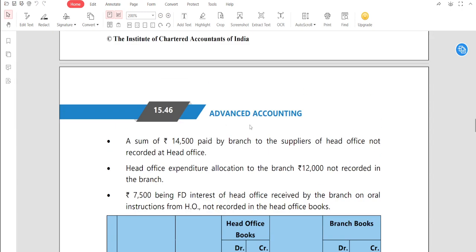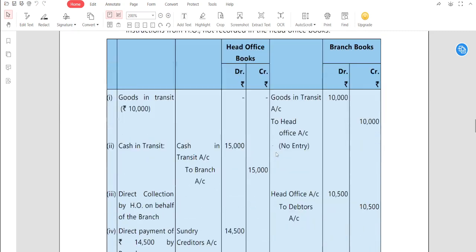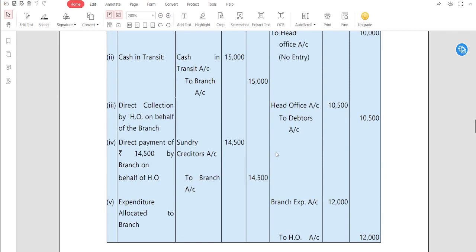Sorry, here it is paid to the supplier. Remember guys, here it is not that we have paid directly to the HO. Rather, we have paid the supplier of the HO. It means in the books of HO, the supplier decreases. When the branch pays the HO supplier, the sundry creditor balance in the books of HO will decrease. So sundry creditor will be debited and definitely branch will be credited, because the branch is the giver in the books of the HO.